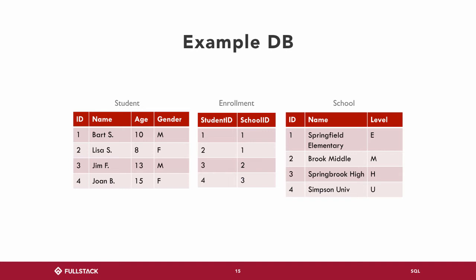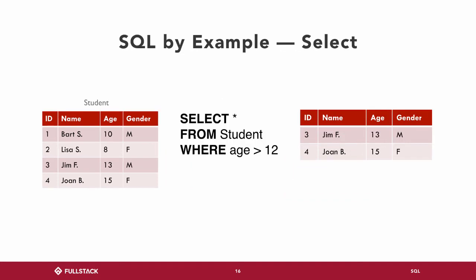So the first thing we should look at is how we go about selecting data. So if we do a select star from the student table, and just as an aside, I think it's a little bit more common for tables to have plural names than singular.